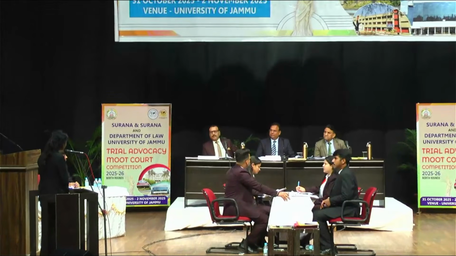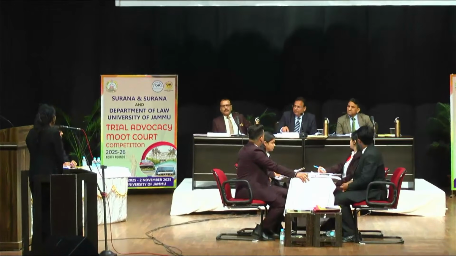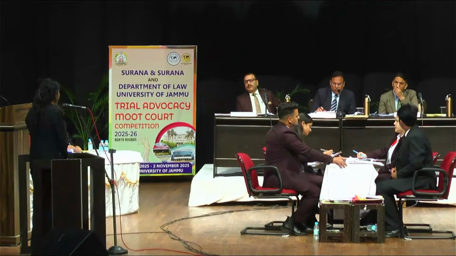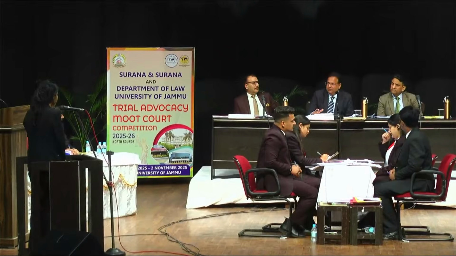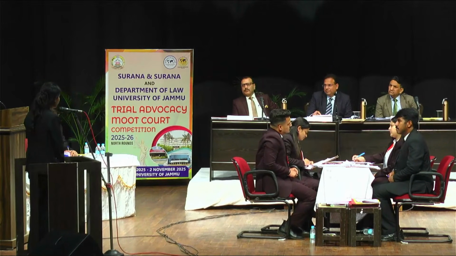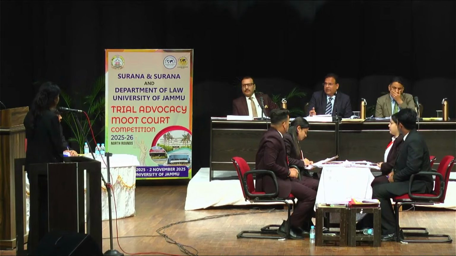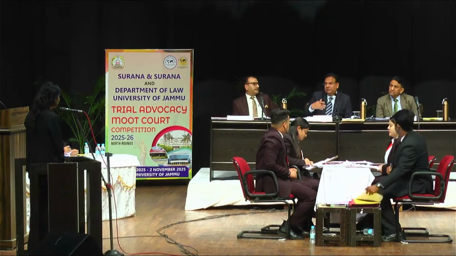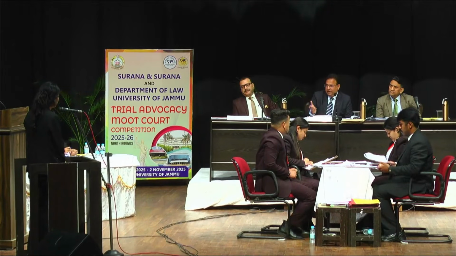Can you please repeat the question? What is the first alleged incident? What is the first date? Because the statement was that he has taken her 8 times, but the dates are not mentioned. My daughter told me that it was around September. Why we are asking you this question is because the dates are relevant, the age, because ultimately under the POCSO Act, when somebody is a minor, this has continued when she has attained majority. That is why we are putting this question.